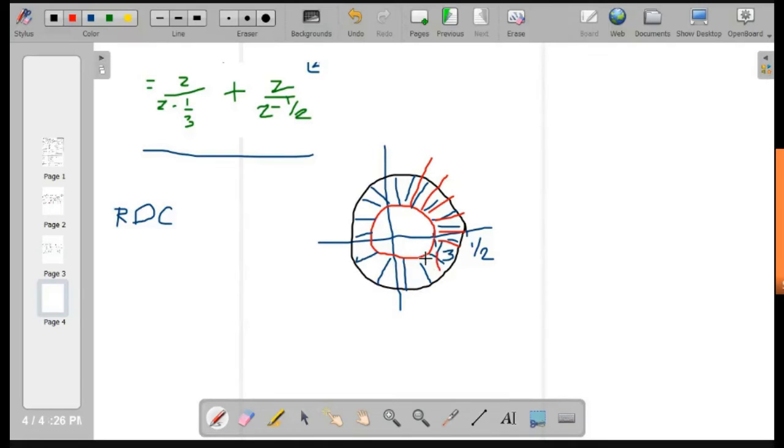So I will see that this is my ROC. Red color is the ROC for the causal signal.